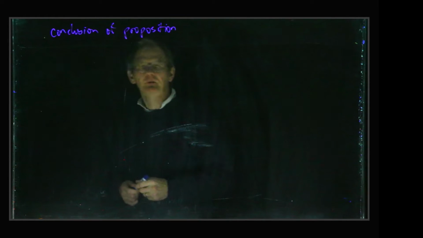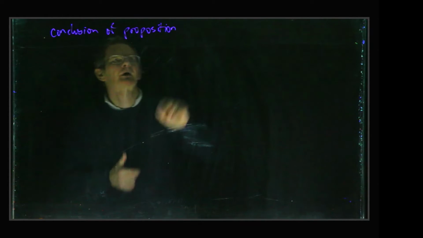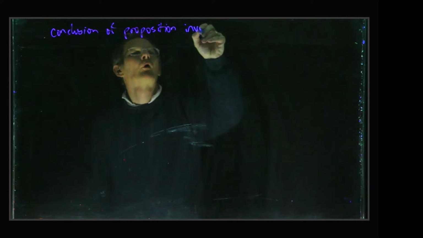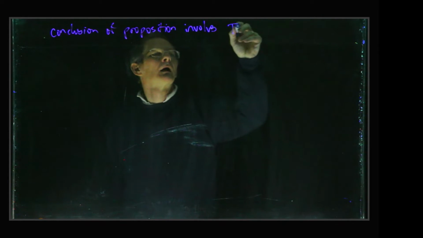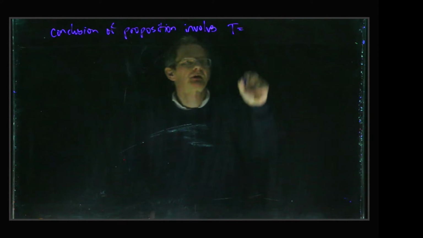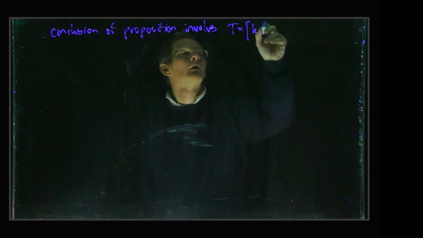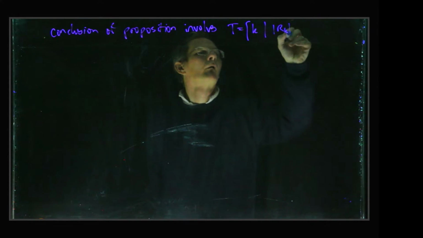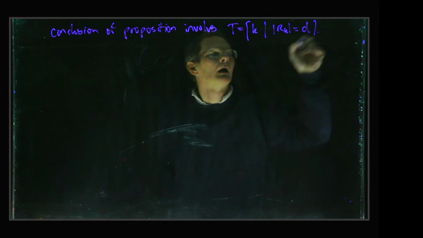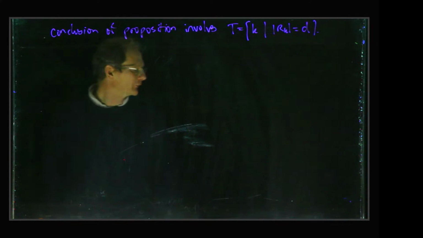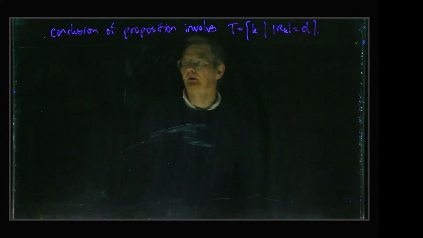The conclusion of the proposition we mentioned involves this set T, which is a set of k for which the row set Rk has size equal to d.